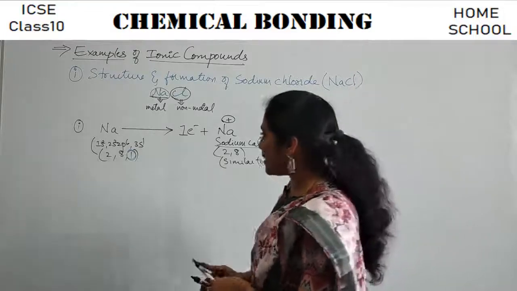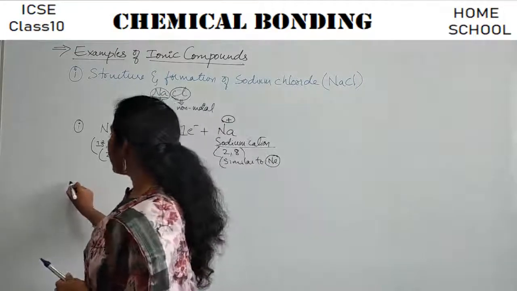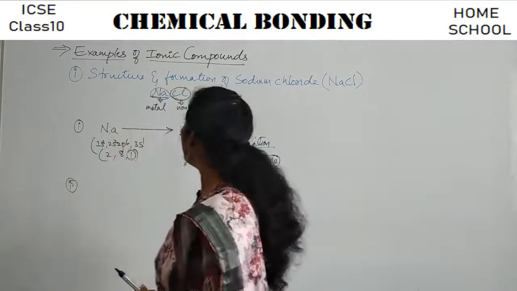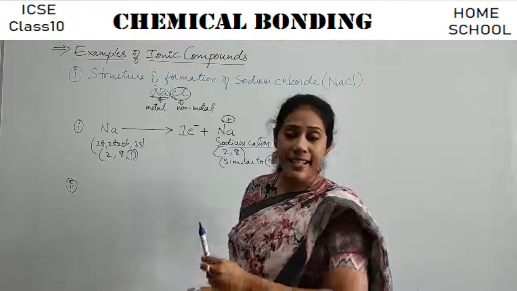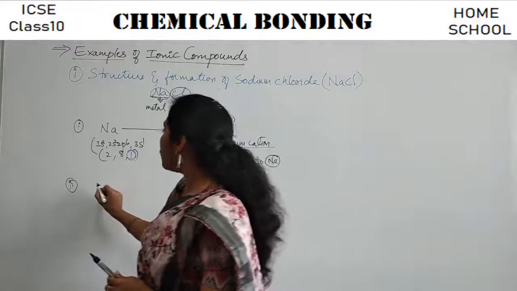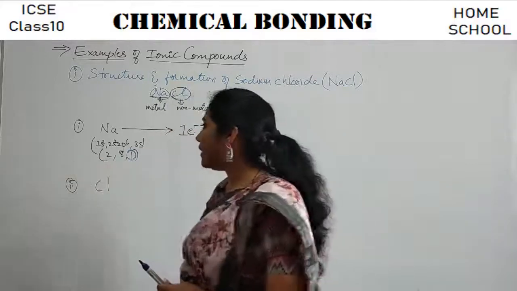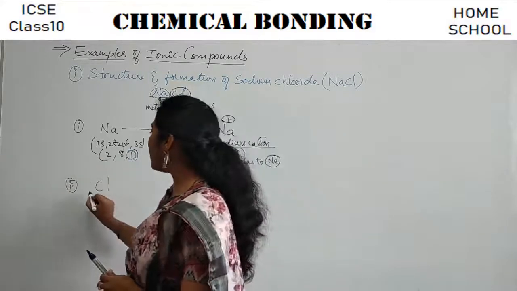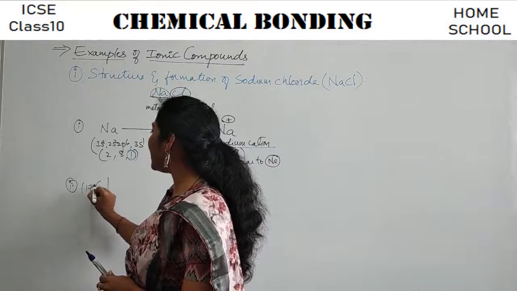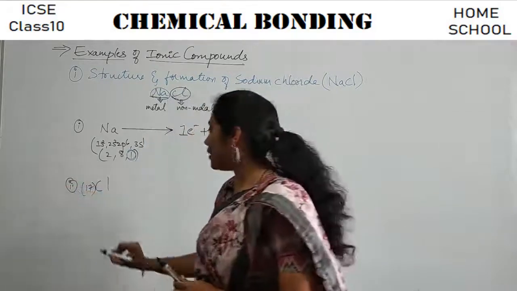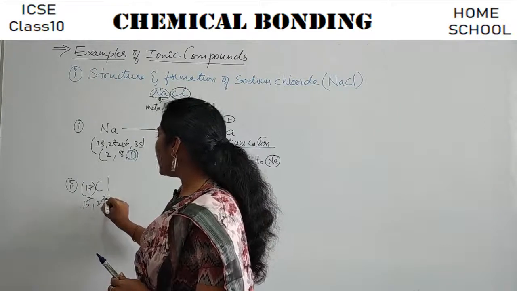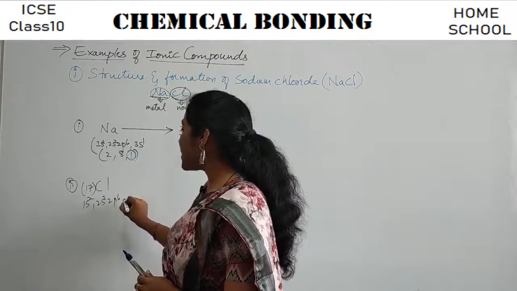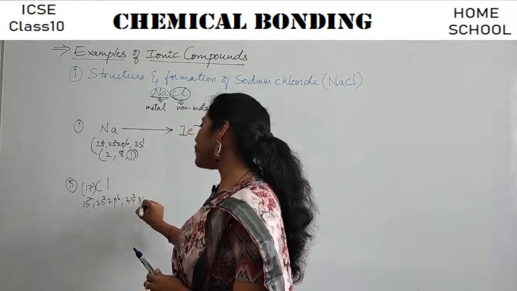So in the next step, let us check it out with our non-metal. A non-metal always gains an electron, right? So who is the non-metal here? Chlorine. What is its electronic configuration? Atomic number 17, guys. So its electronic configuration is 1s2, 2s2, 2p6, 3s2, 3p5.